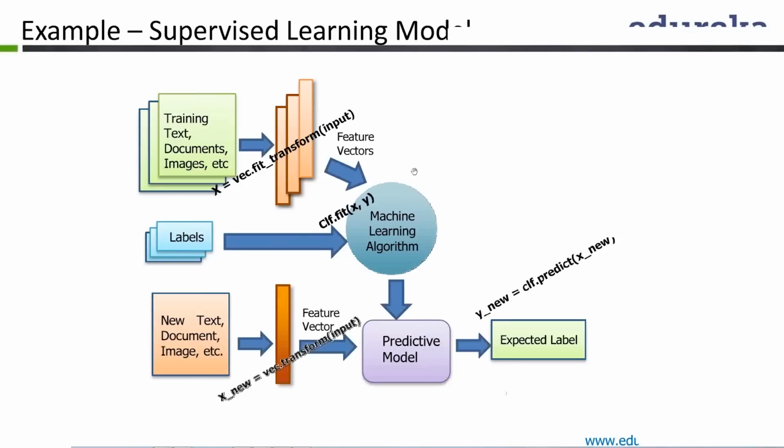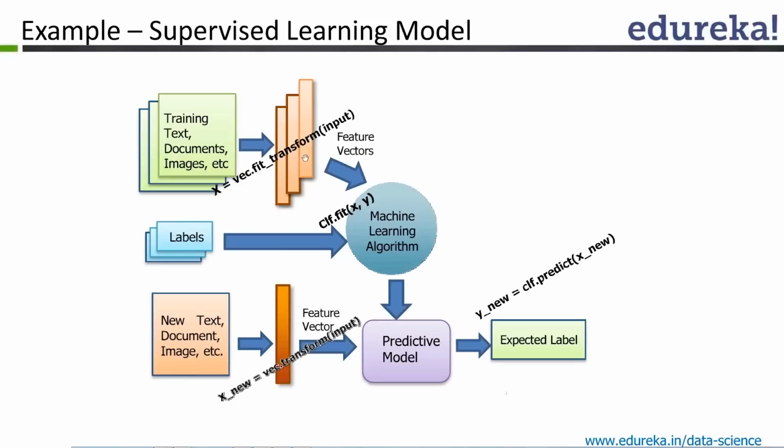Okay, this is just again the pictorial representation of supervised learning. So you have your training data: textual data, documents or images or transactions or features about wine bottles and so on. You have all that raw data coming in. You do some data preparation and convert each of your data points into a vector, which is called a feature vector.